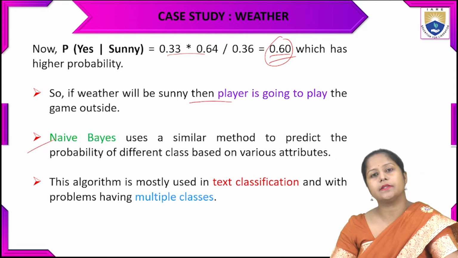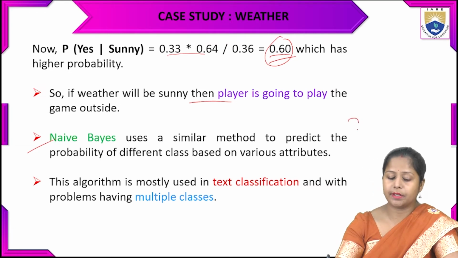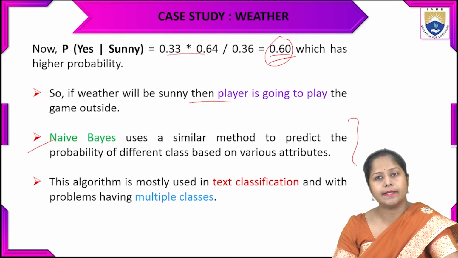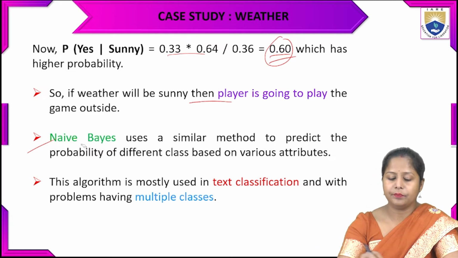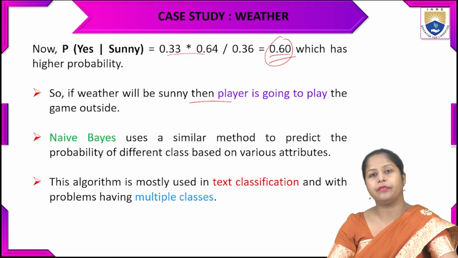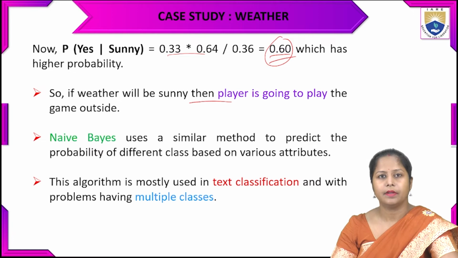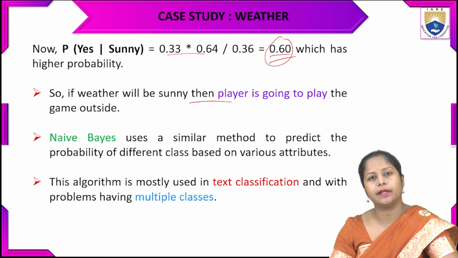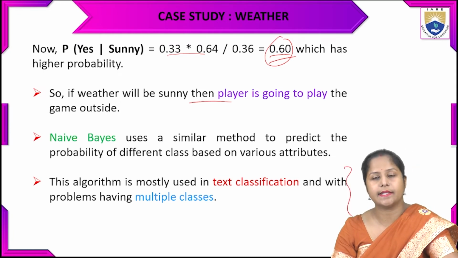Naive Bayes uses a similar method to predict the probability of different classes based on various attributes. Naive Bayes is going to predict the probability of different classes based on the attributes, where each class has attributes. This algorithm is mostly used in text classification.